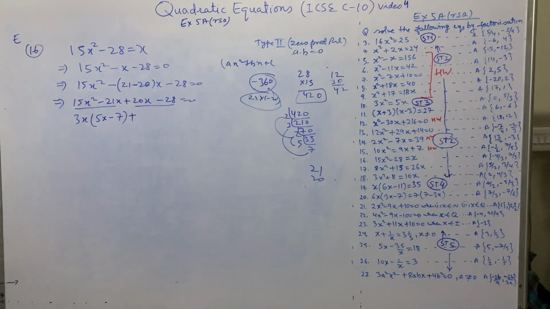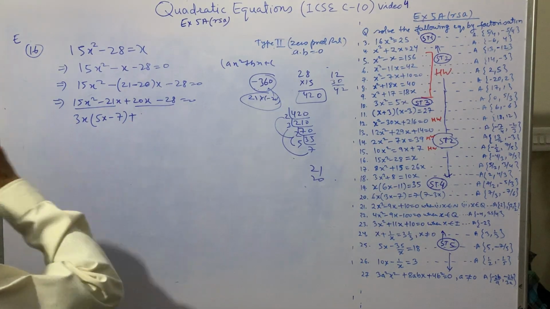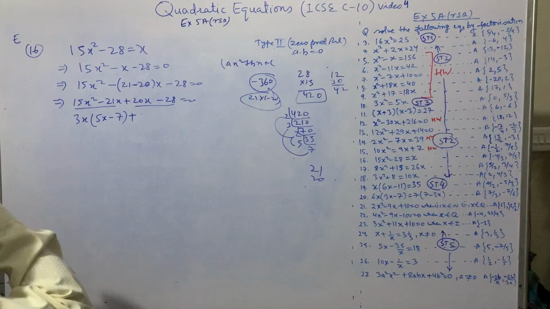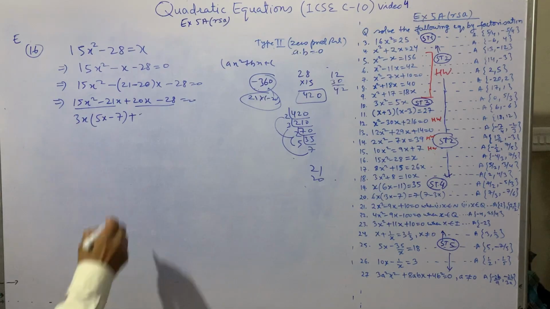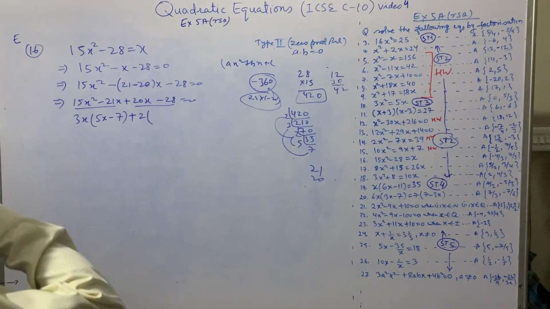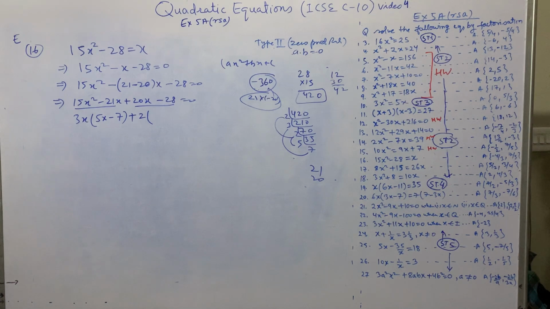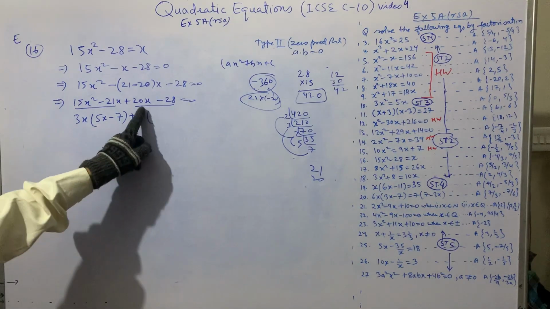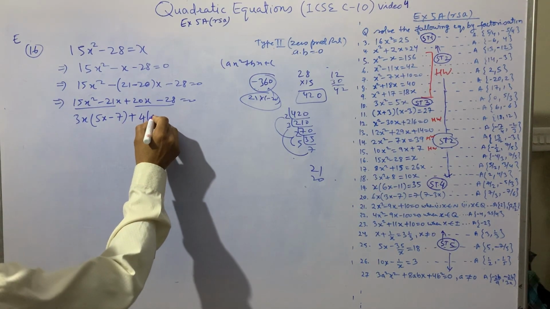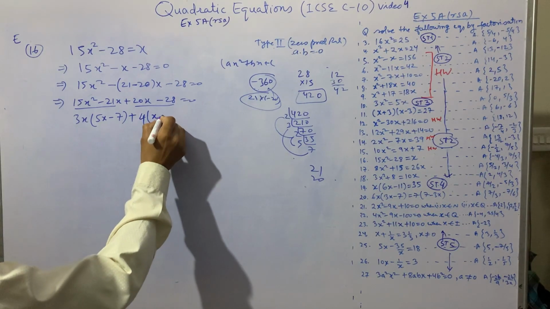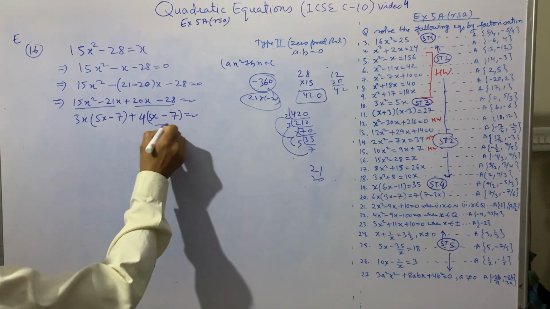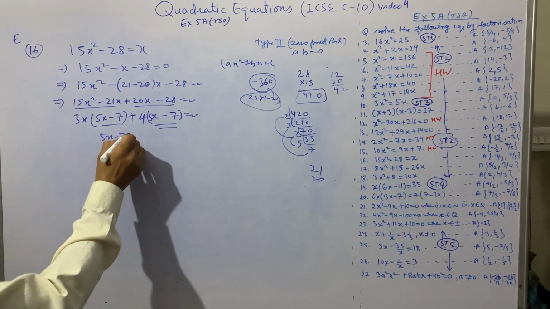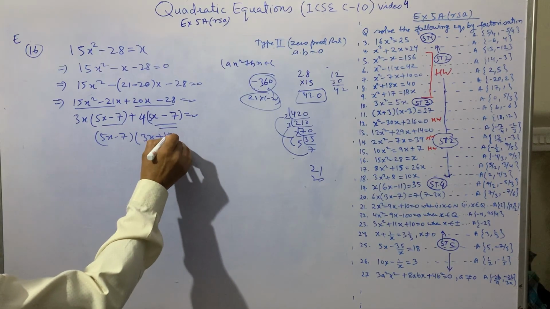And taking out 4, 4 5 is 20, 4 7 is 28, so we get 5x minus 7. So taking out these groups, we are getting 5x minus 7 and 3x plus 4 is equal to 0.